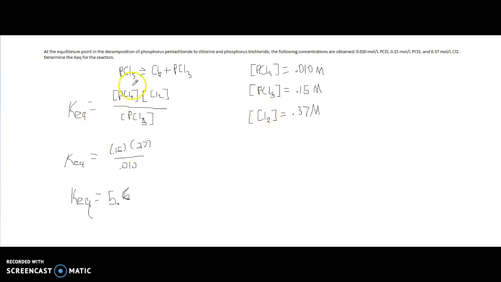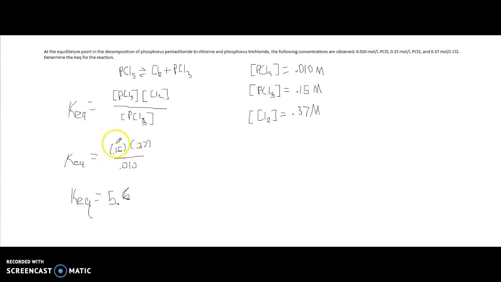So then we also can figure out that KEQ equals the concentration of PCl3 times the concentration of Cl2 divided by the concentration of PCl5, because that's what KEQ equals: the concentration of products over the concentration of reactants.